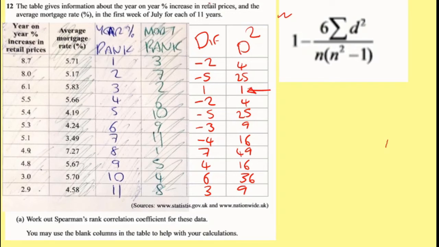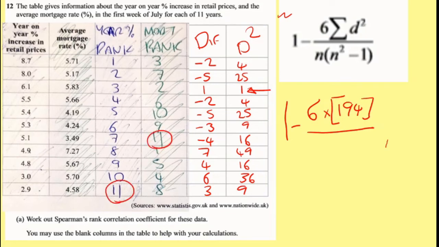Now I've got all the information I need to put into this formula. So it's 1 minus 6 times the sum of all my d squareds, which happens to be 194. Now n is the amount of numbers we have. You can look at the biggest number in your rank, which is 11, or just count them up: 1, 2, 3, 4, 5, 6, 7, 8, 9, 10, 11.